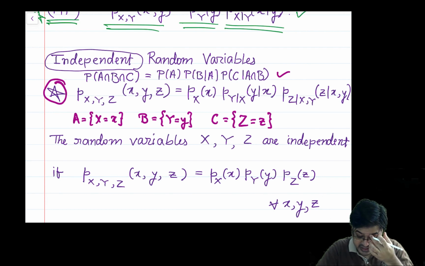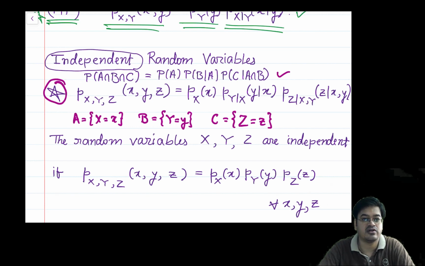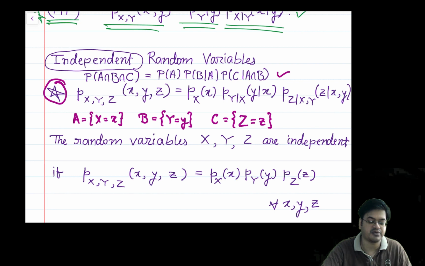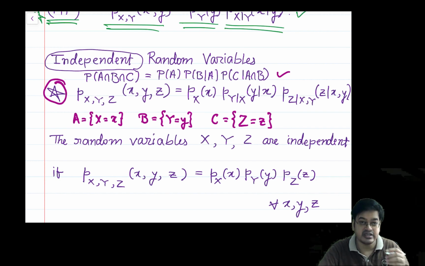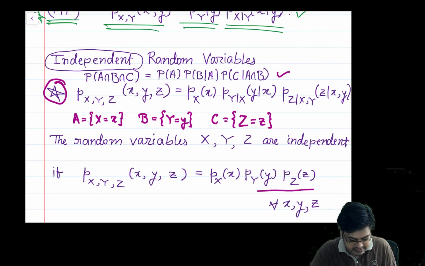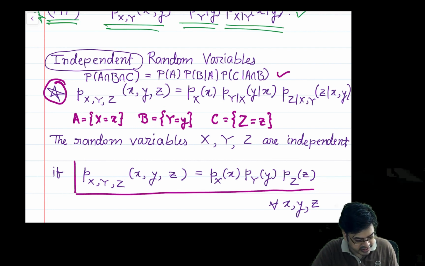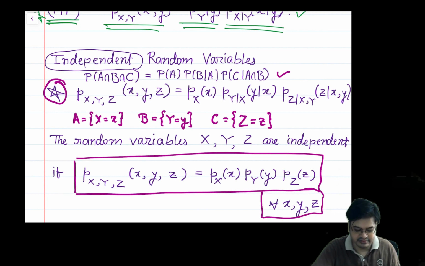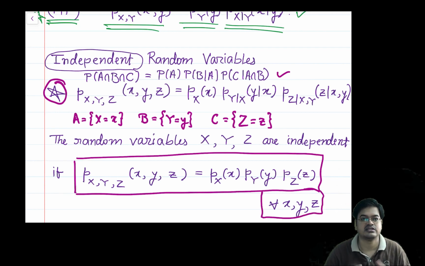But when we study random variables, we are a little bit structured and we are always dealing with elementary events of the form P_X(x), that is probability of X is equal to x, while studying discrete random variables. So in that case, only this set of conditions is sufficient to check the independence of random variables. But is this set of conditions the only condition? No, it actually involves several conditions.